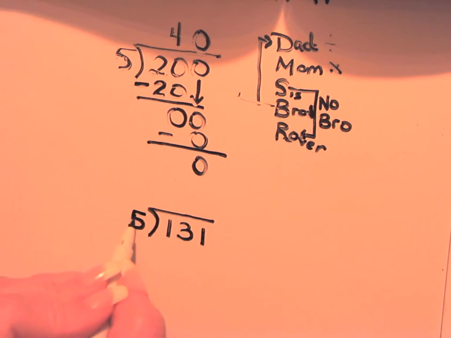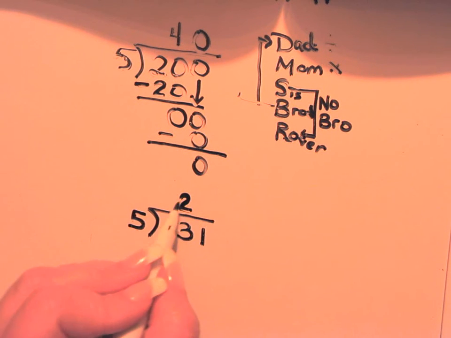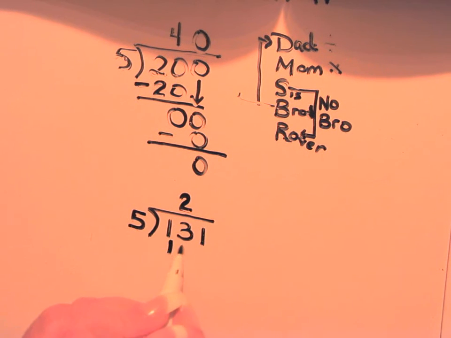So 5 divided into 13, we have 2. Again, we use that same process. Roof times the door ends up on the floor. Sister, subtract. We have a 3. Brother, bring down. We bring down the 1. We do dad again.